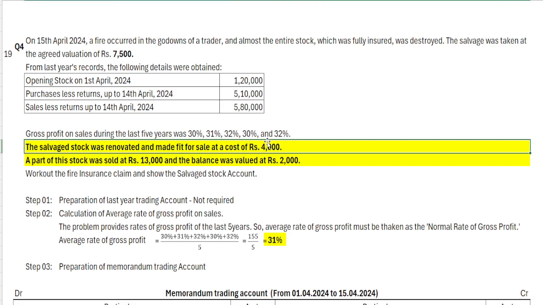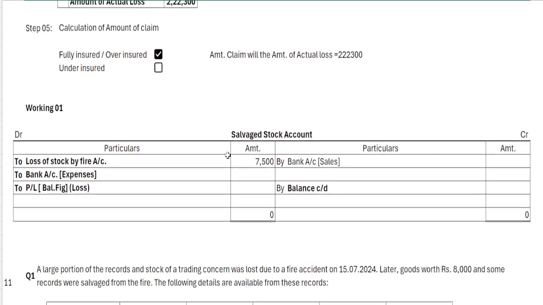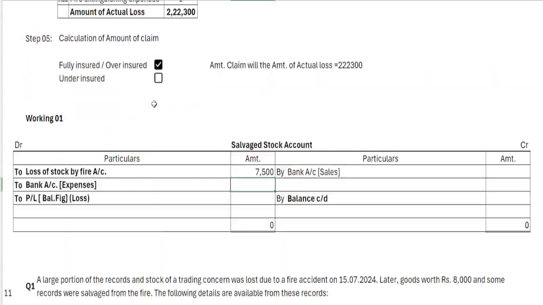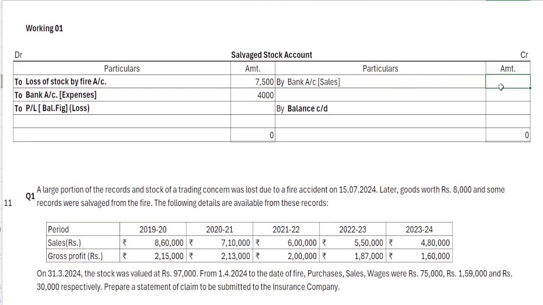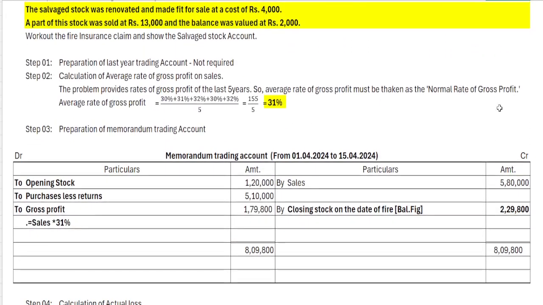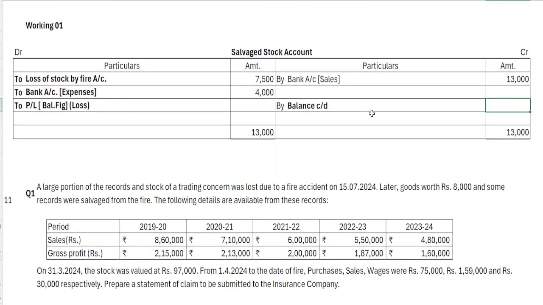So these expenses will be debited by bank account 4,000. A part of this stock was sold at 13,000, and the balance was valued at 2,000.